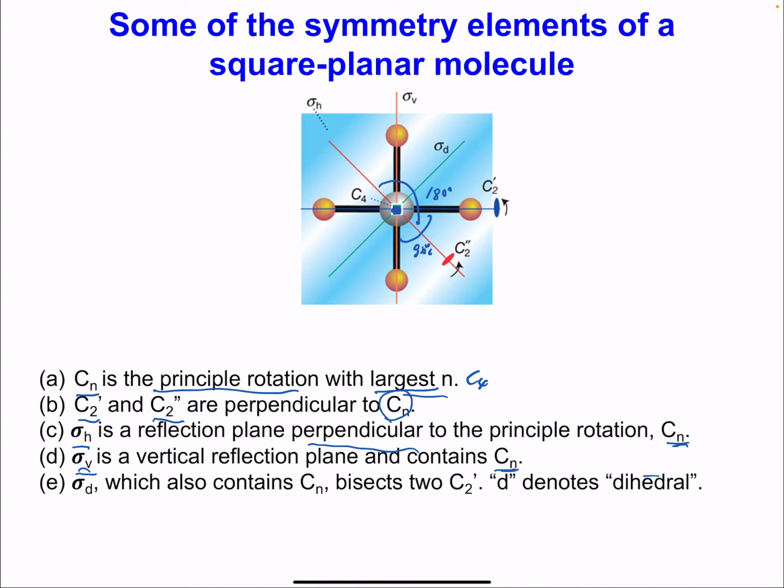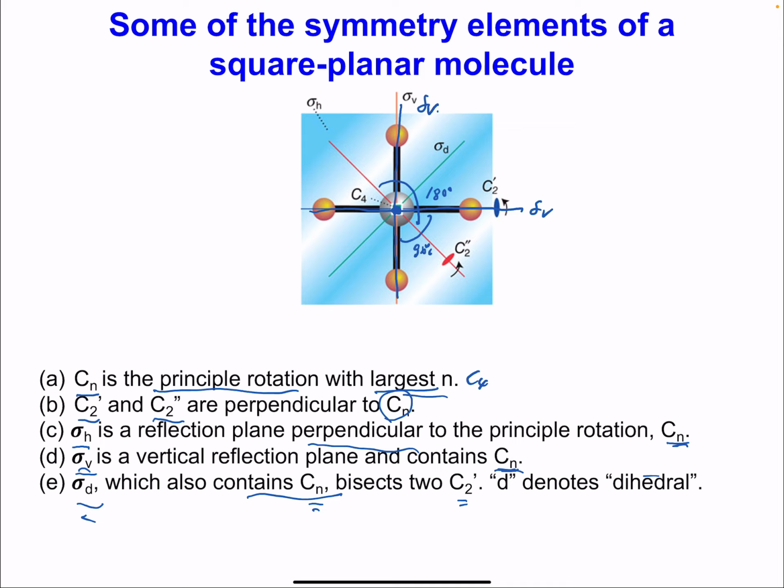The next one is sigma v. Sigma v is the vertical reflection, so it contains the principal rotation axis. It's the one crossing the atoms. So you have 2 sigma v here.